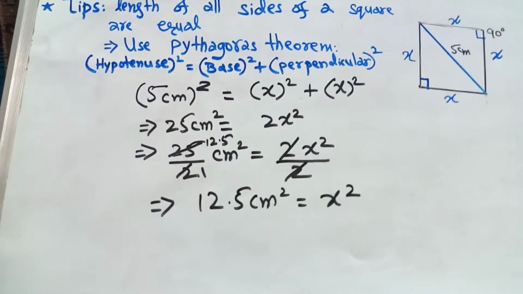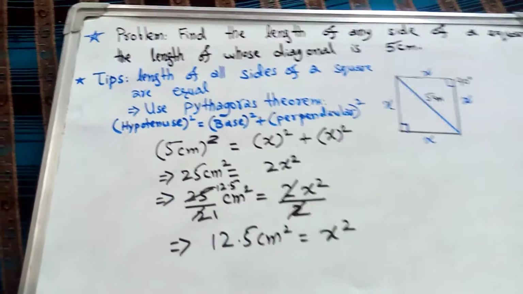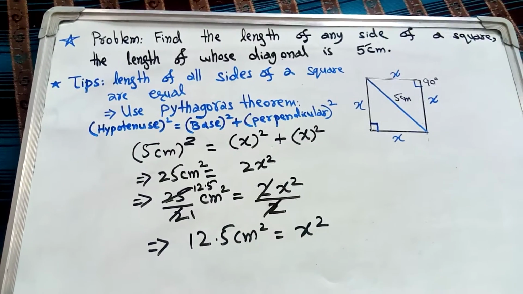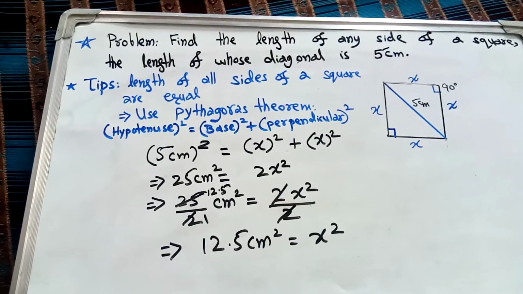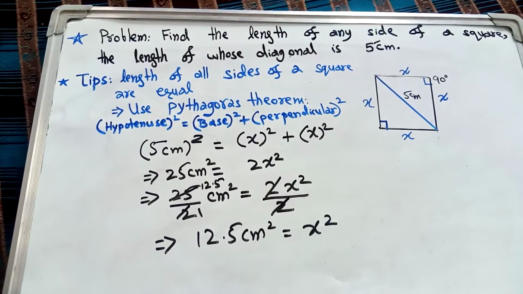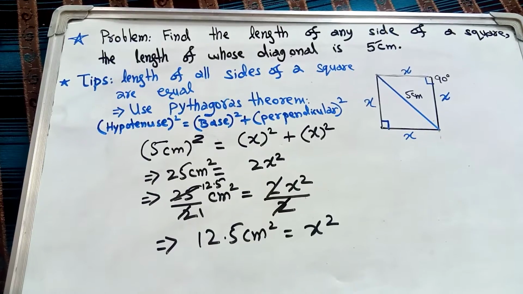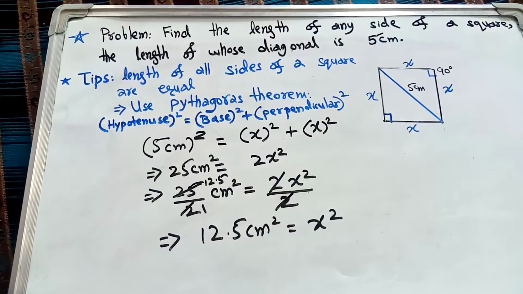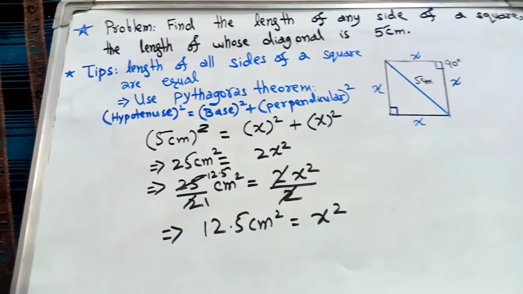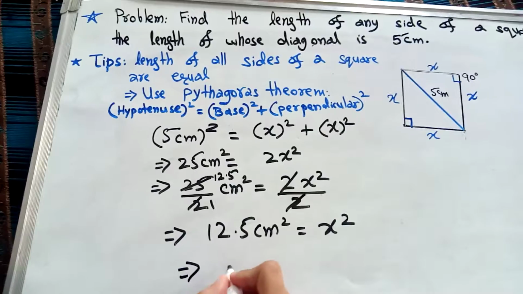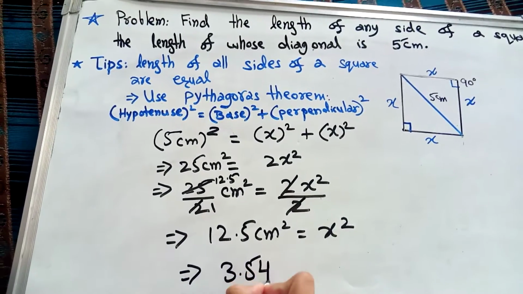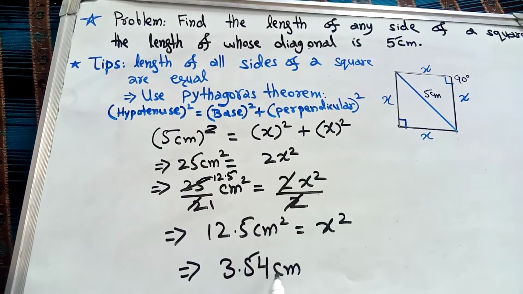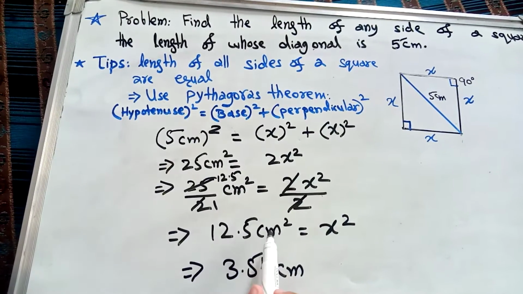Now what we do is that we take the square root on both sides. So when we take the square root on both sides, we would get the value of x. So let's plug this value into the calculator. So root 12.5 is roughly 3.54 centimeter, and you know the square of centimeter will vanish and we will get centimeter because it will also come under the root.